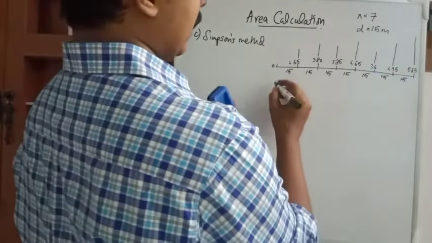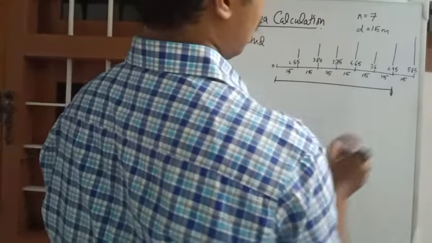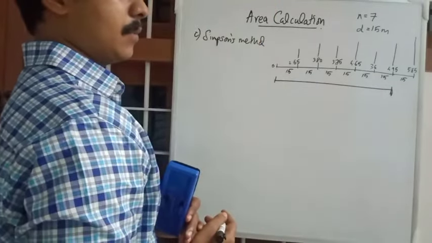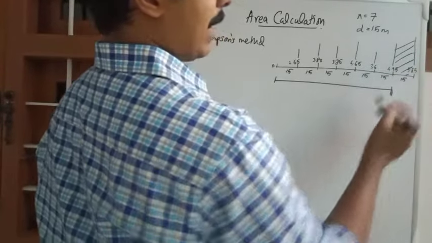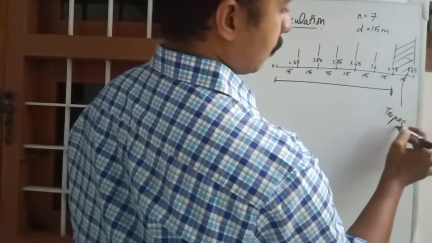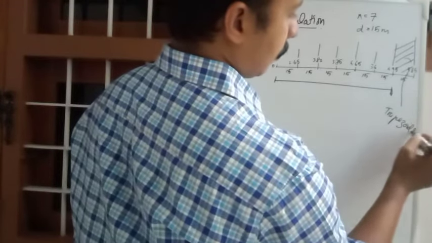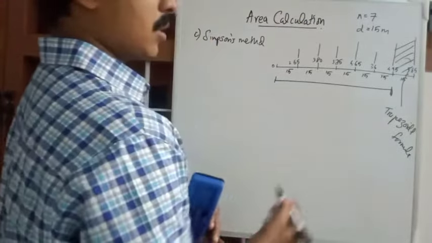So right now we will take this one till this only, and the last one we will calculate by the trapezoidal formula and add it to the Simpson's formula.